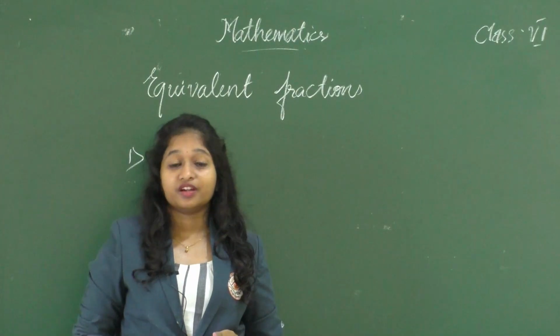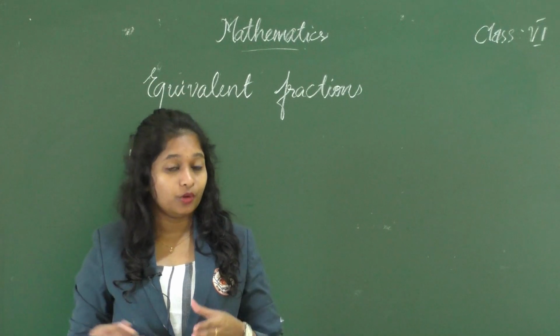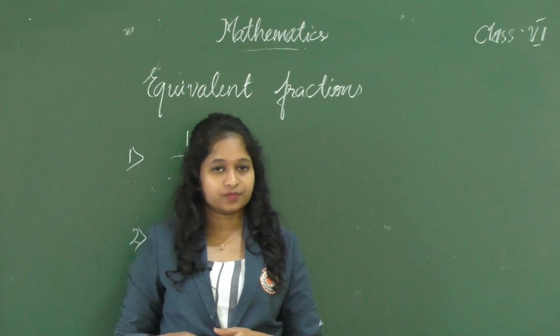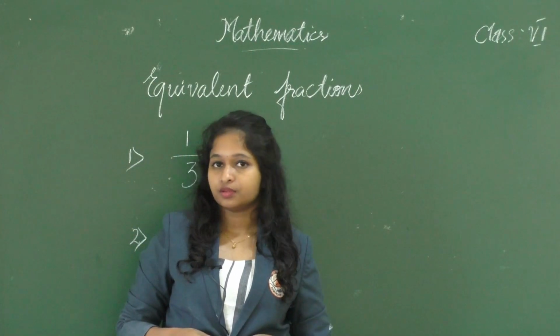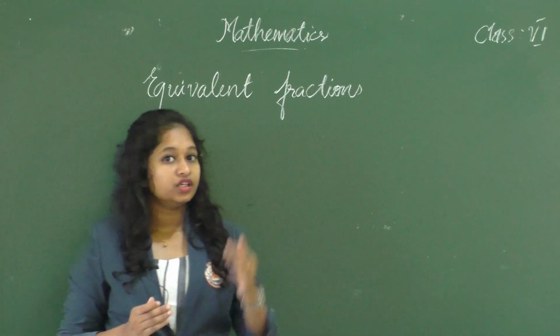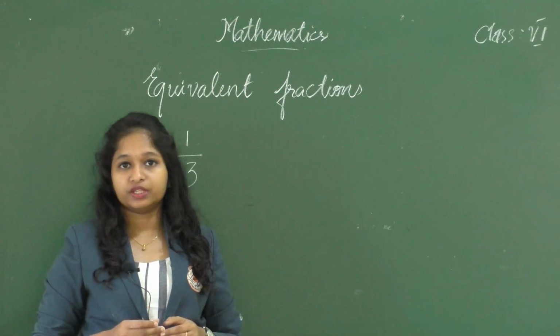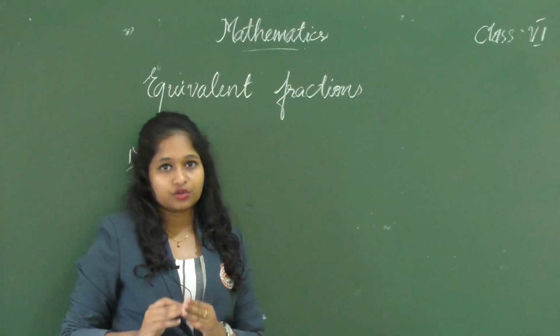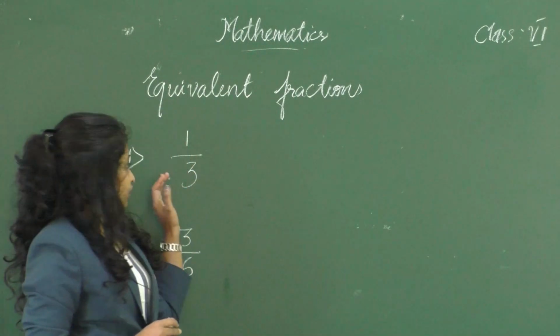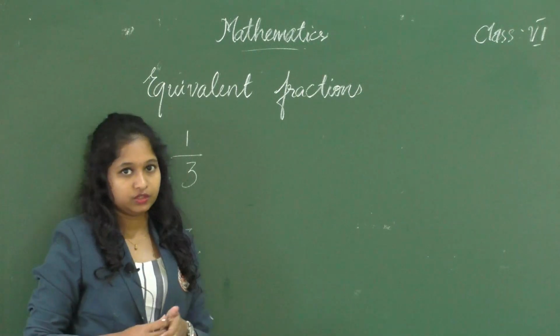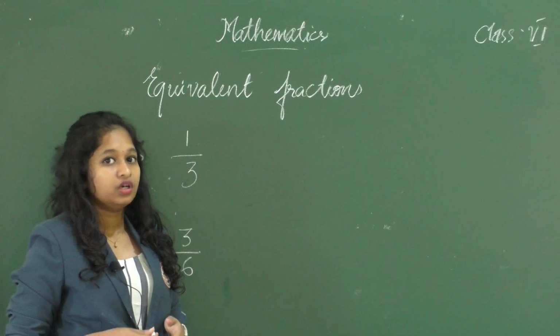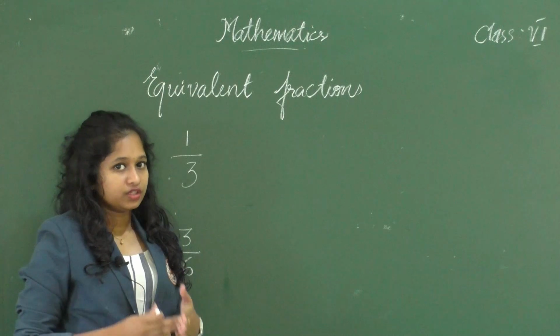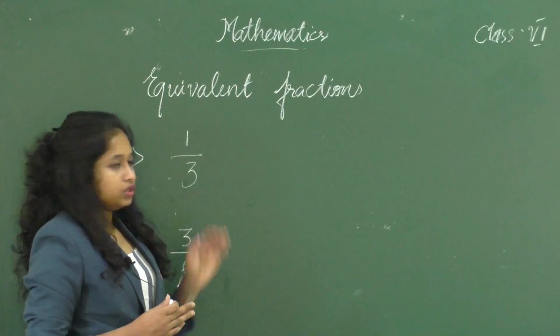So there are 2 ways to form equivalent fractions. The first method is to multiply the numerator and denominator by the same non-zero number. Here I have 1 by 3. Let me form an equivalent fraction with 1 by 3.